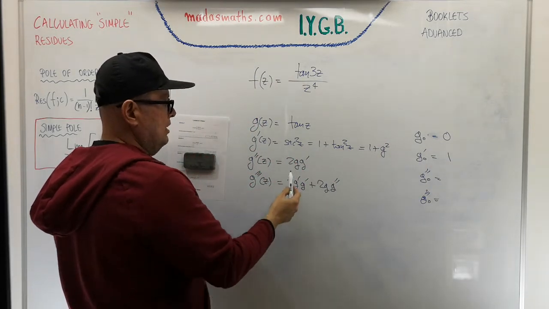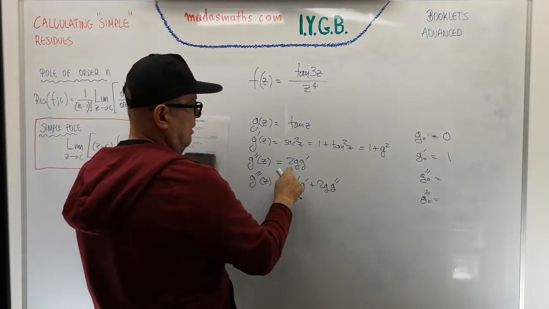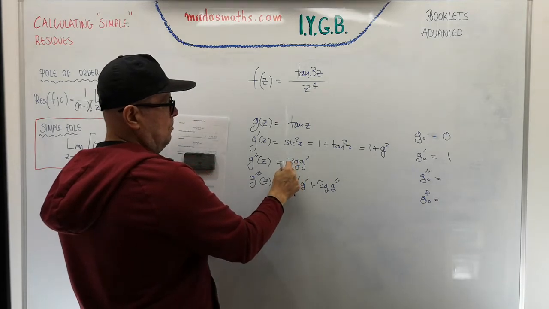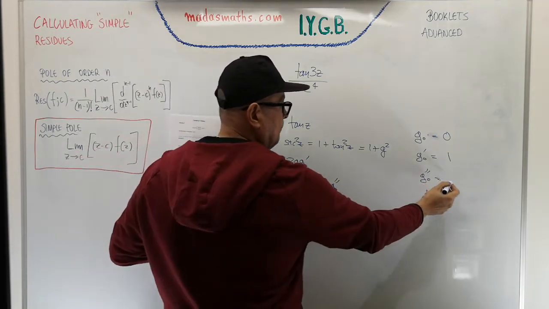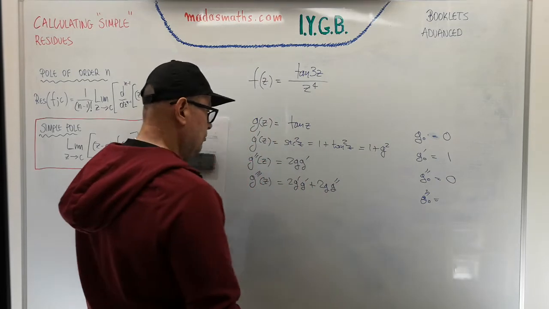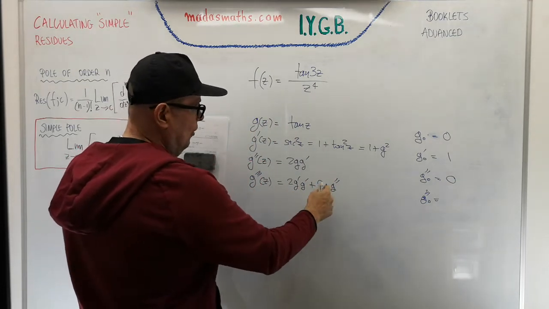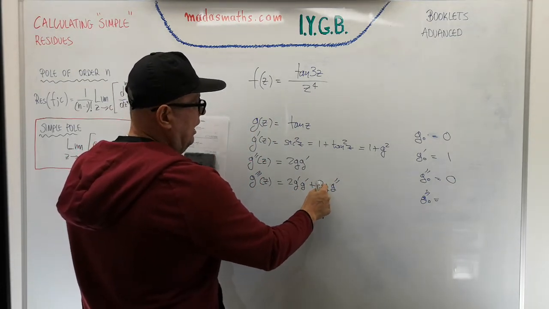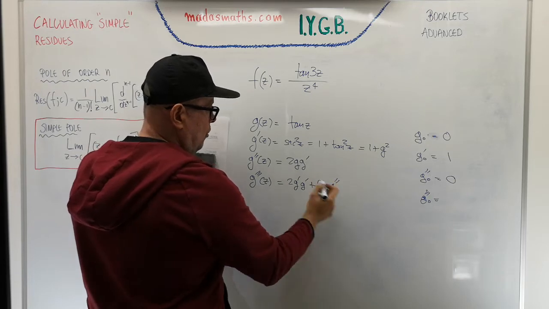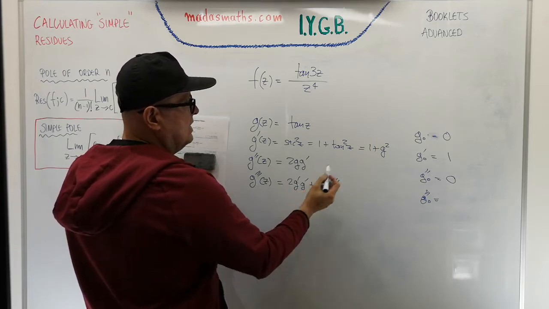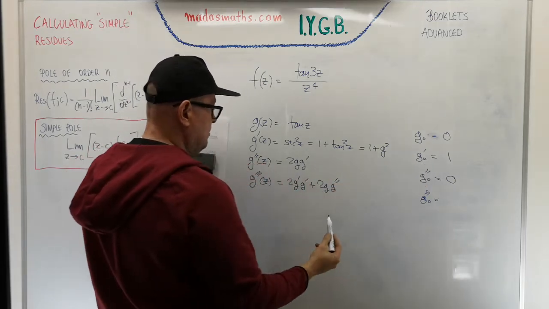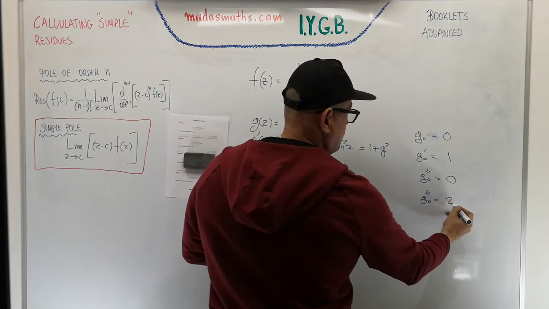Then the next one I'm expecting to be 0, and it is, because g is 0, so the moment we're evaluating it, it is just gone. And this will be non-zero for a tan. So this has a g, and the g is of course 0, so that will go, and we have g dash, g dash, g dash is 1, 1 times 1 times 2 is 2.